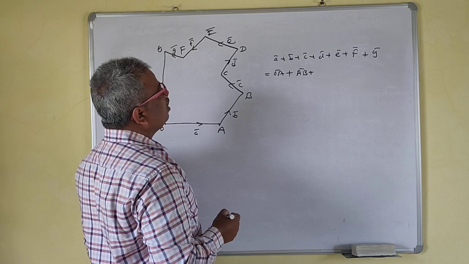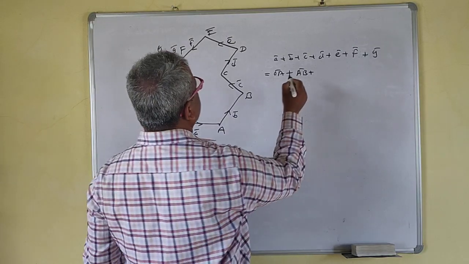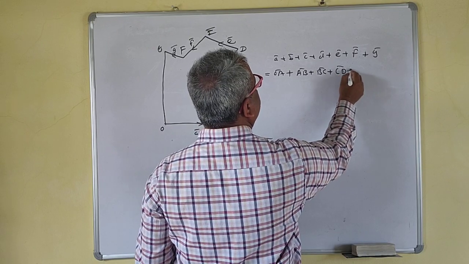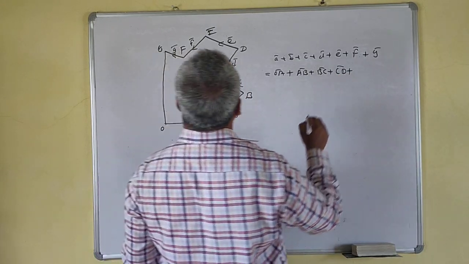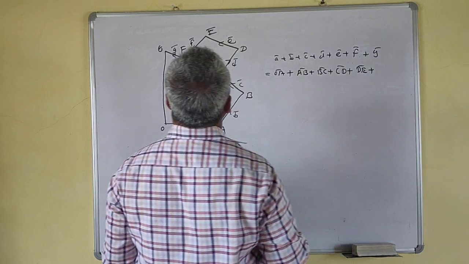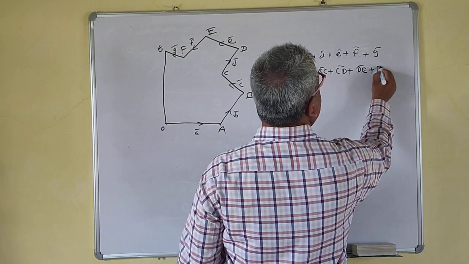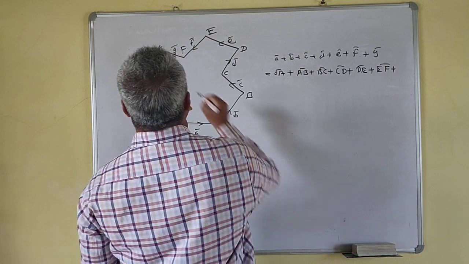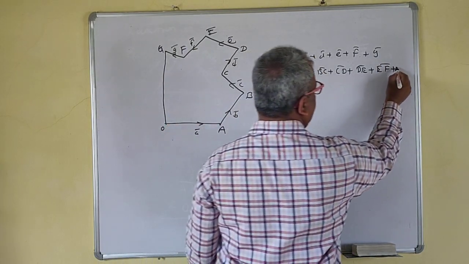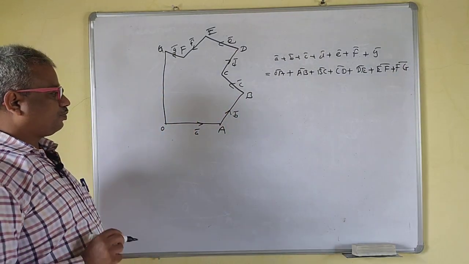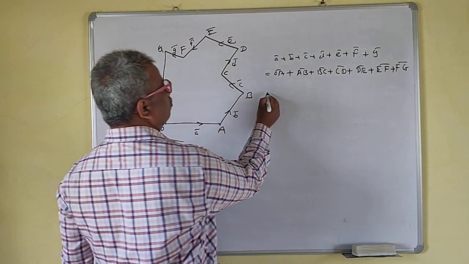C bar is BC bar. D bar is CD bar. E bar is DE bar, then EF bar, then FG bar.